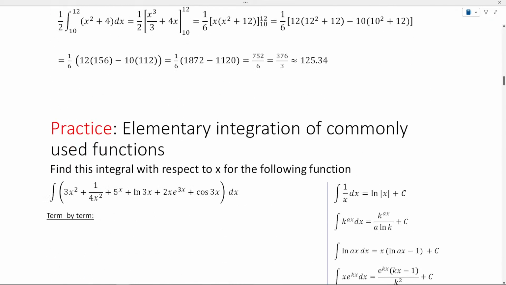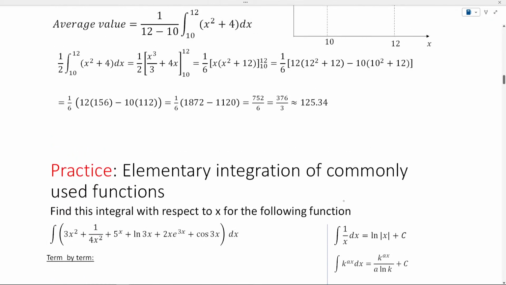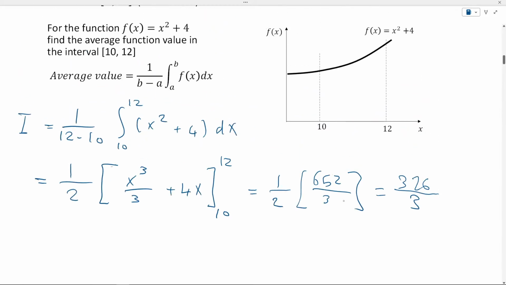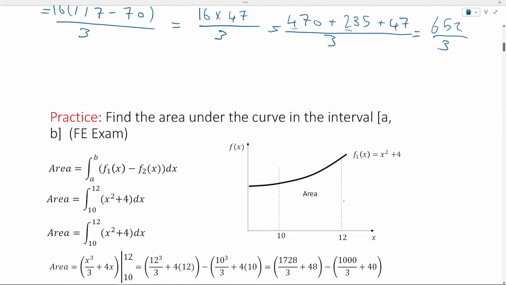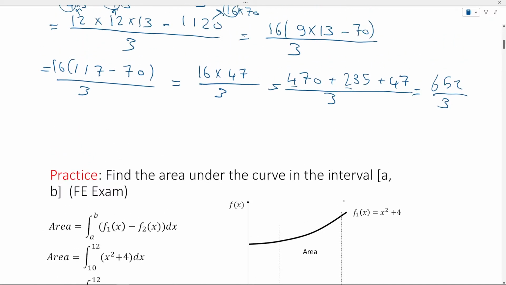I got the same number here. I got 652. Oh, did I do something? Oh, sorry. I have a mistake here.